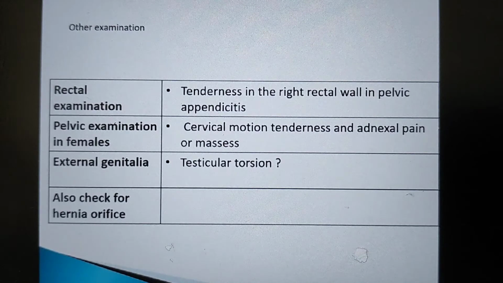We have to do a pelvic examination in females as well, and the patient may have cervical motion tenderness and adnexal pain or masses due to gynecological causes. Testicular torsion or hernia may also present with features that mimic acute appendicitis, so we have to try to exclude these as well.